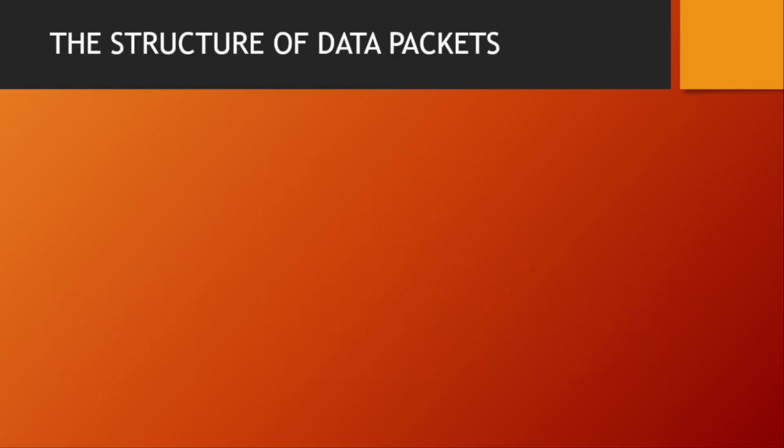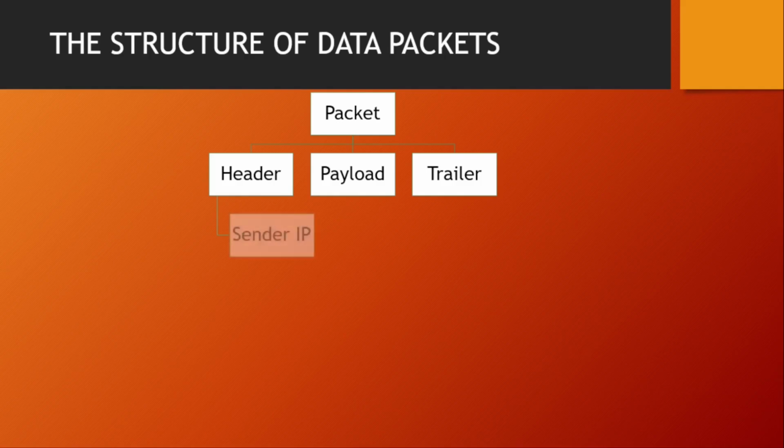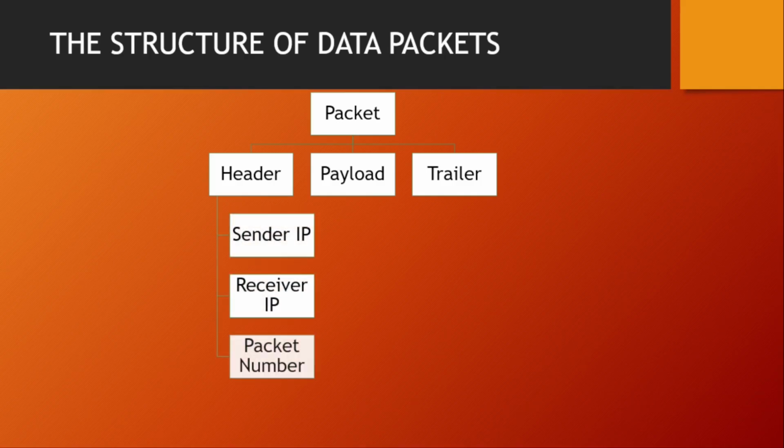For each packet, the header consists of the IP address of the sending device, the IP address of the receiving device, the packet number which is used to ensure that all the packets can be reassembled into the correct order once they reach the destination, and the packet size which is used to ensure the receiving station can check if all of the packets have arrived intact.